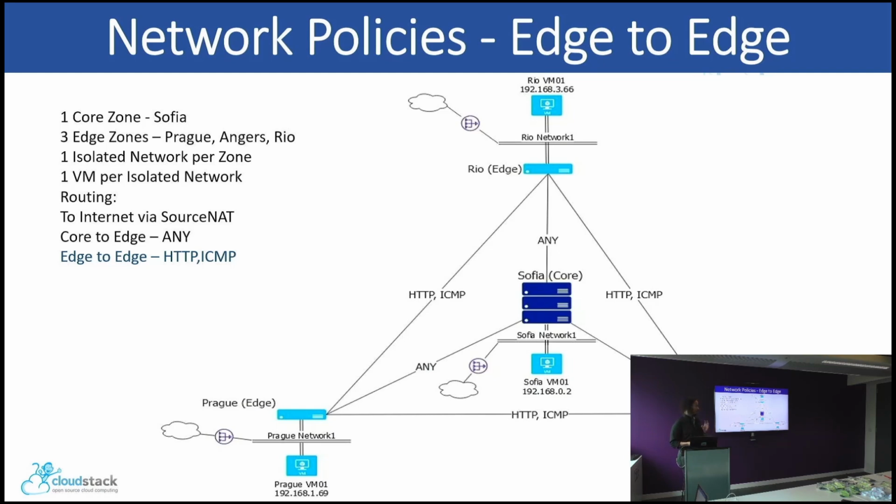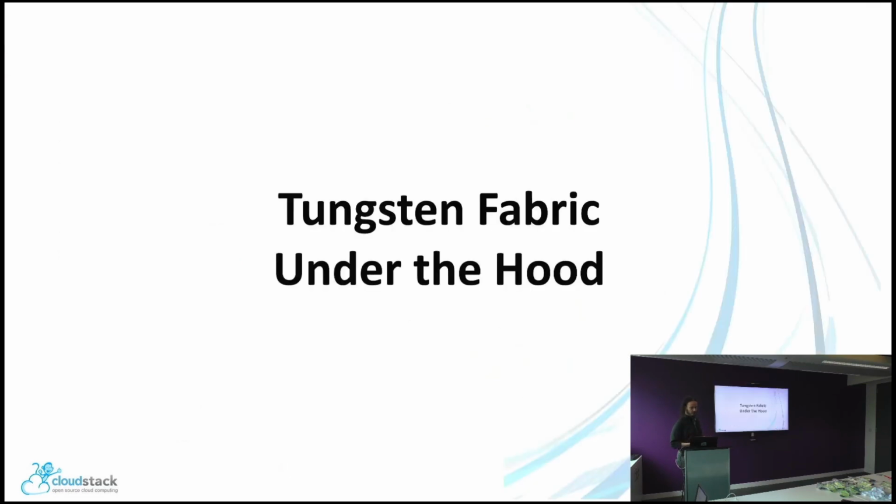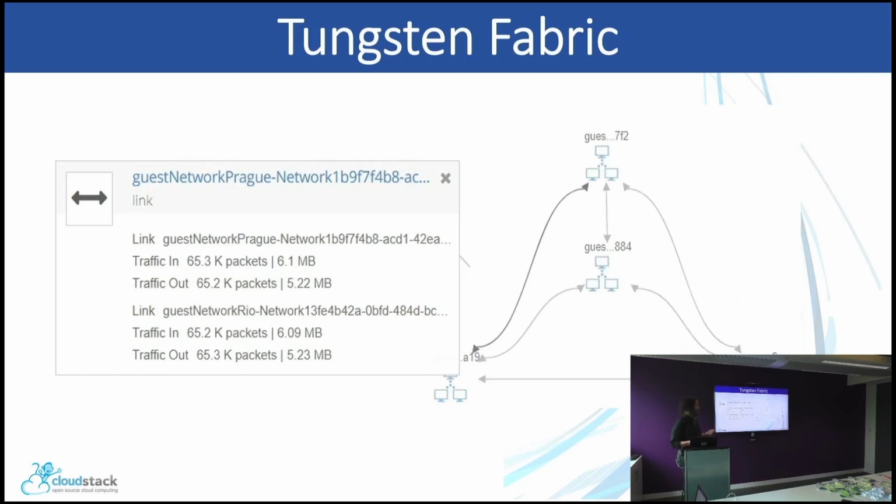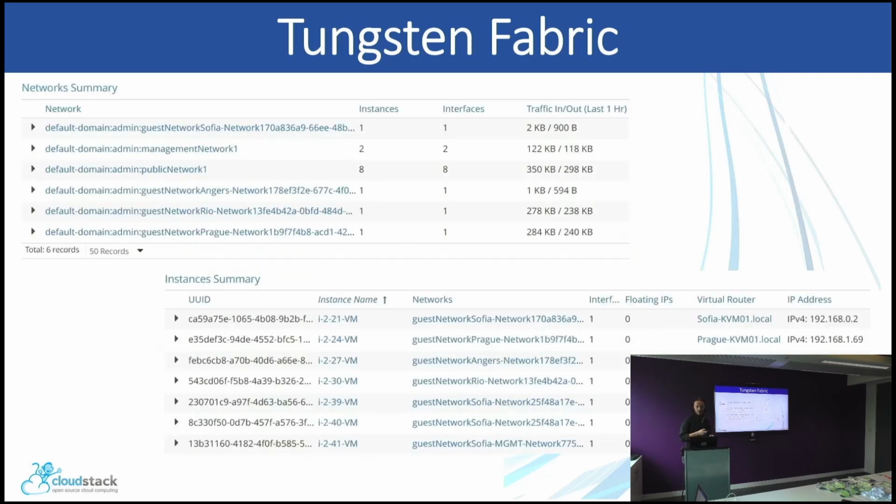Now let's see how this looks in Tungsten Fabric, a little under the hood of Tungsten. Tungsten makes this nice diagram, which looks pretty much like mine. You can click there and see the bandwidth and everything. List of network instances, interfaces. You can get a lot of metrics there.